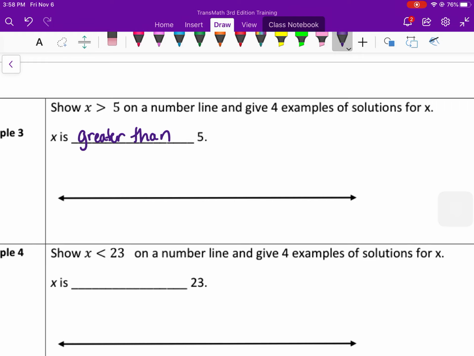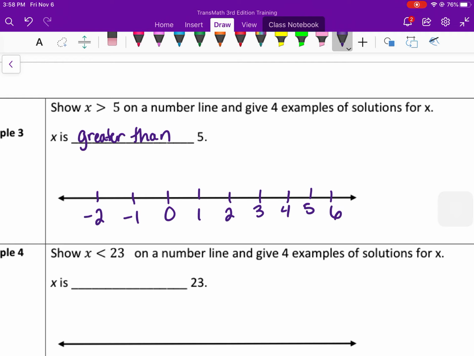So when graphing on a number line, I'm going to just put a few values. I'm going to go -2, -1, 0, 1, 2, 3, 4, 5, and 6. Maybe I should have started at a different value. But I want to graph all the values that x is greater than 5.